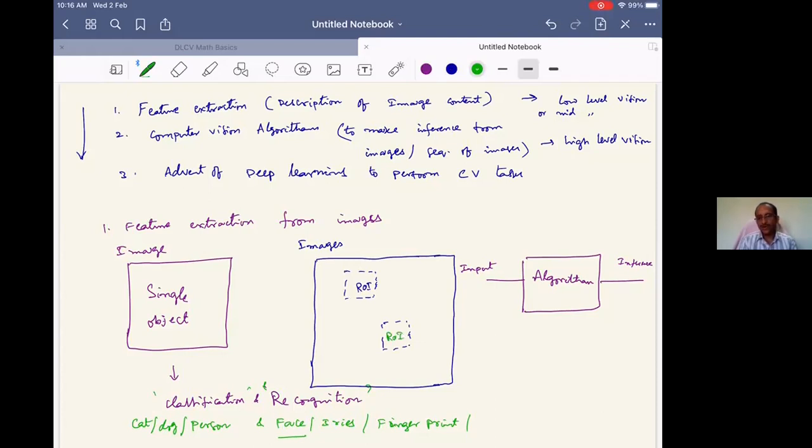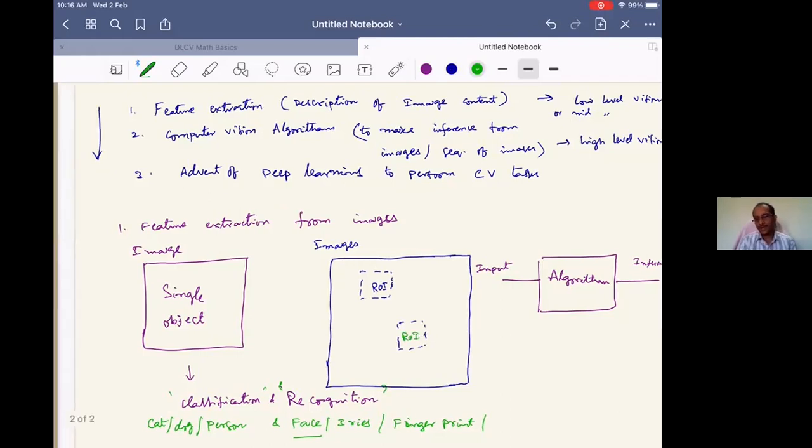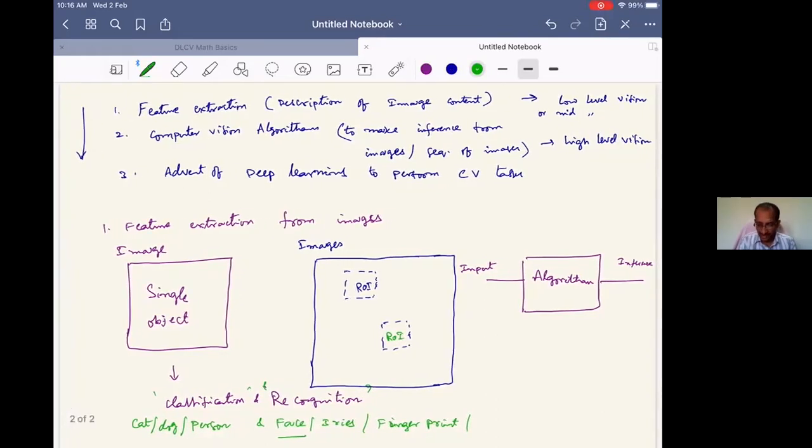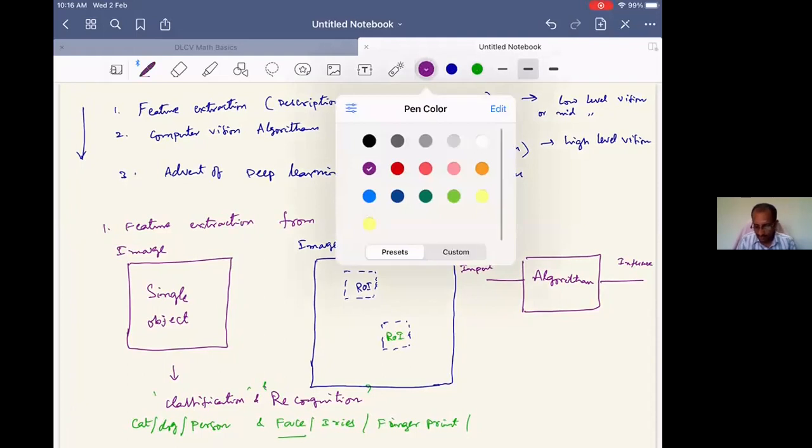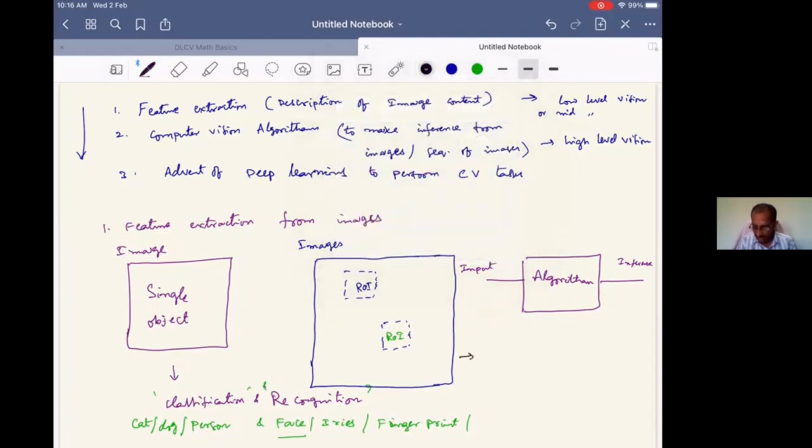Okay, so we want to see where a particular object is, that is object detection. So the problems under this is classification, as we mentioned. The typical problems of this nature are detection, where a face is, where an object is, where a particular gun is, any particular object, where it is, that is detection.